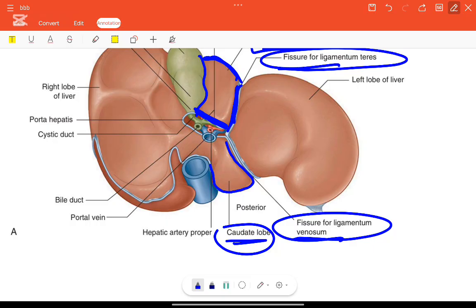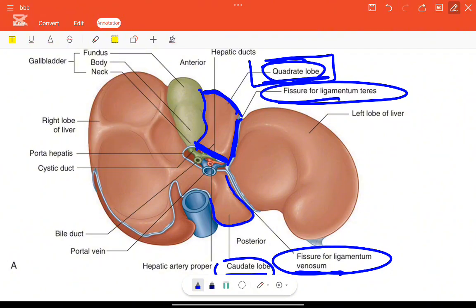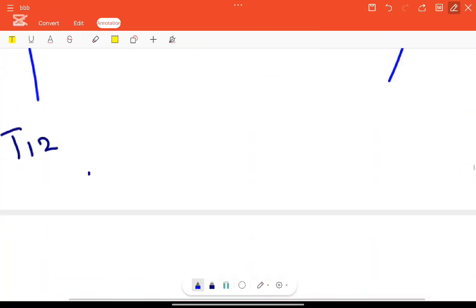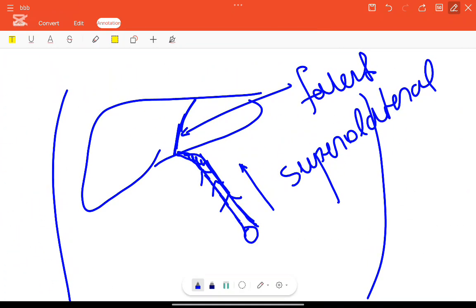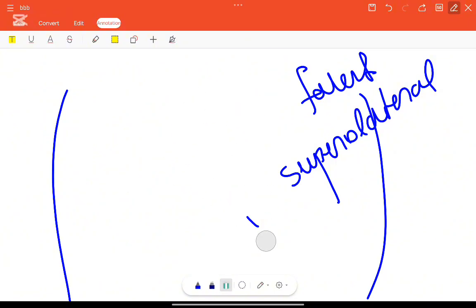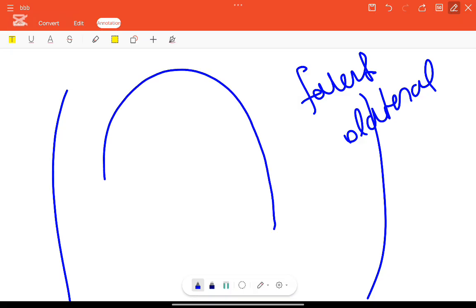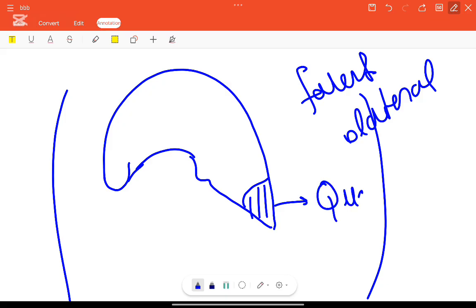Here we are seeing it as posterior, but it's actually posterior and superior. Because why? If we draw a sagittal section in the liver to show you at the level of the caudate and quadrate lobes, okay? That's the quadrate lobe.